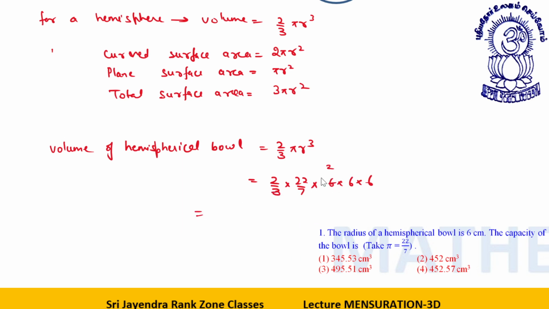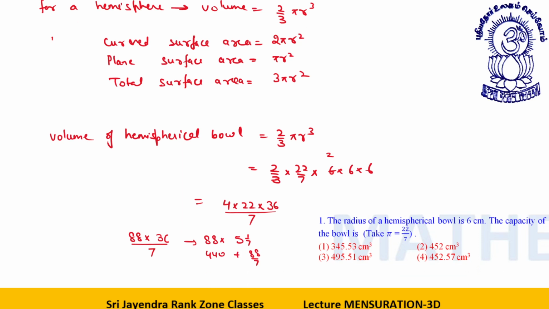That gives you 4 into 22 into 36 divided by 7, or 88 into 36 divided by 7. Clearly I can say my answer will be something of the form 88 into 5 1 by 7. 88 into 5 is 440 plus 88 by 7, that gives you 452.